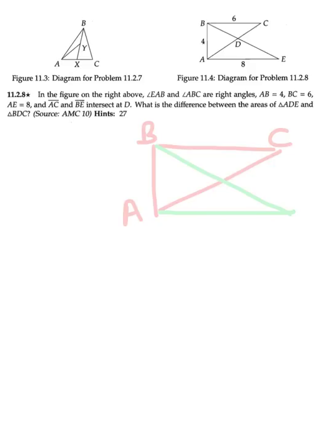And so you've got this area, so the area in the yellow plus the area in the green. So the one triangle is yellow plus green, and the other triangle is the blue plus the green.